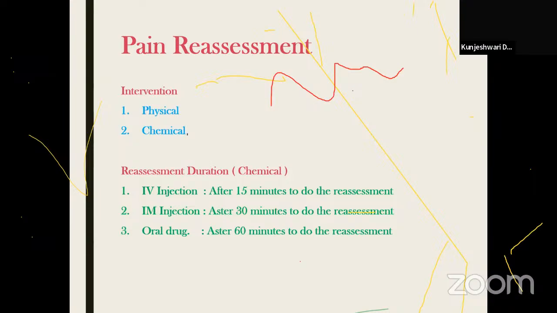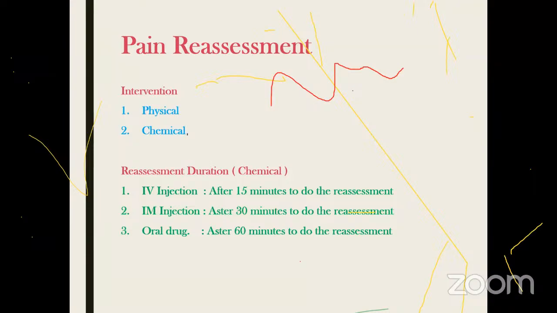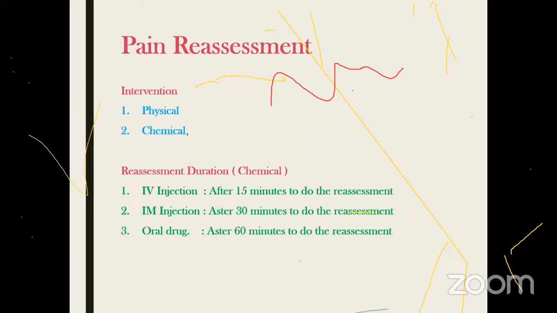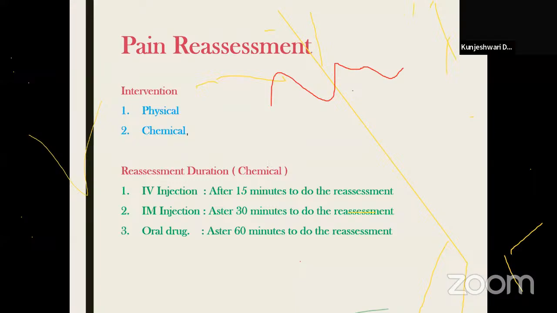Then you will go for a physical or chemical intervention, which I'm not going into now. But when you do the reassessment, early days, we were never reassessing pain. Now it is mandatory. If you are giving a patient an IV injection, after 15 minutes you should go back and assess the pain and write it back.